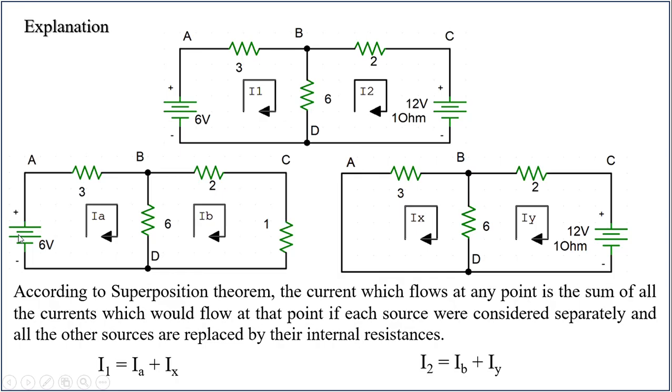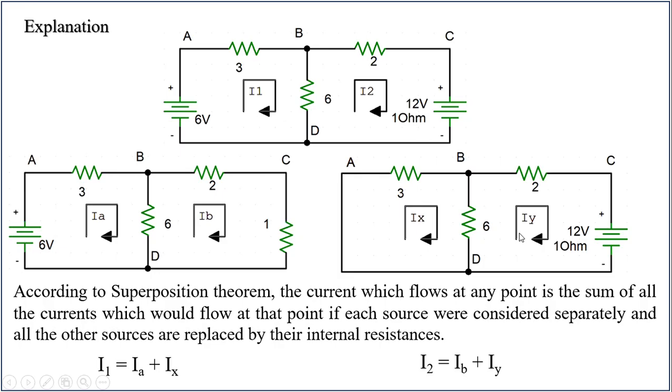So with 6 volts alone, the current in this mesh is IA, and in this mesh is IB. With 12 volts alone, the current in mesh ABDA is Ix and the current in mesh BCDB is Iy.